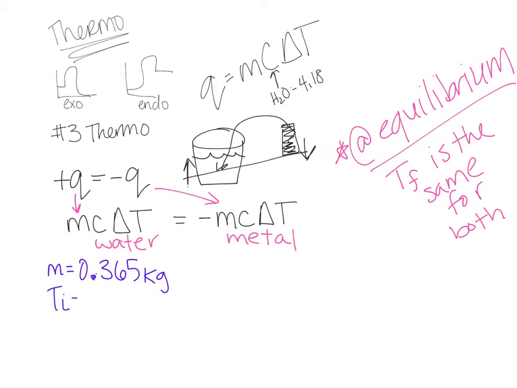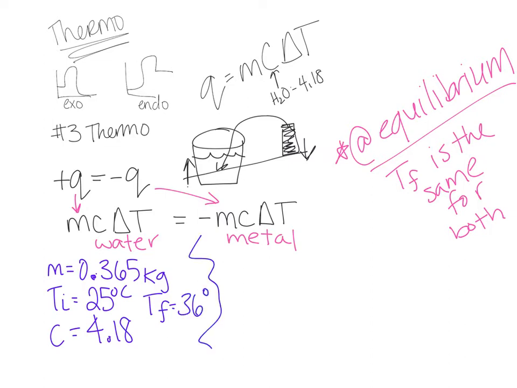What was the initial or starting temperature of the water? 25 degrees Celsius. Good. What is the C of water? It's your CP of water. I just told you up here. 4.18. Okay. And then finally, what did we say temperature final was? 36 degrees Celsius. Good.